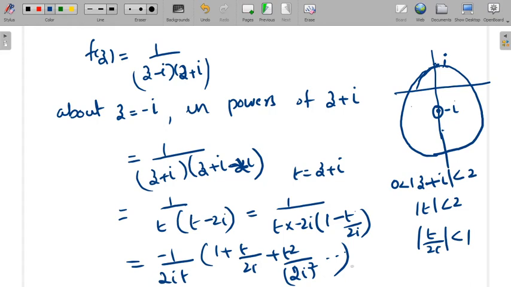You will get the Laurent series, and you can see the highest power in the denominator is 1 by t.